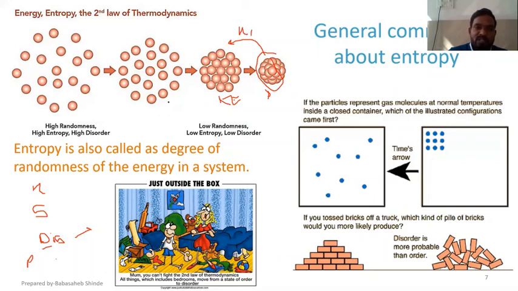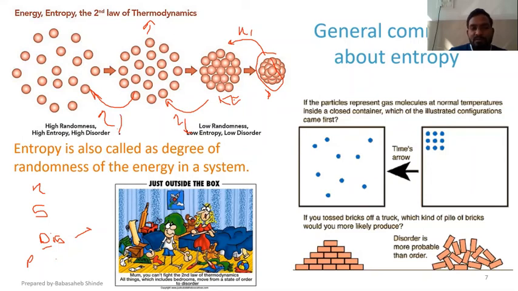When you convert this kinetic energy into some other form of energy, and if in that conversion the degree of disorder has increased, then efficiency is going to be reduced.